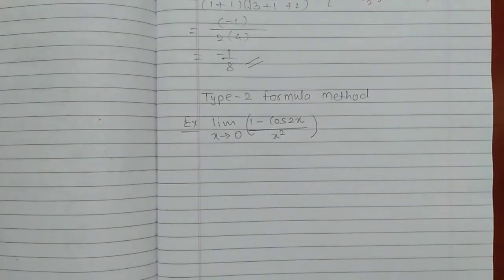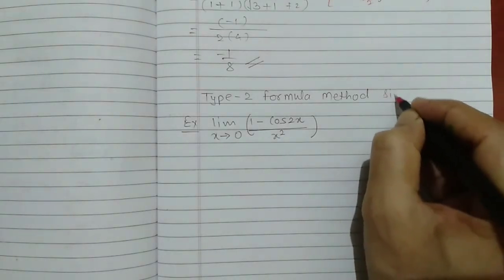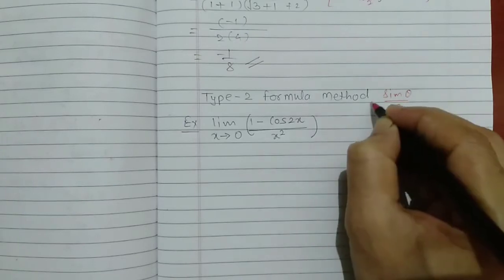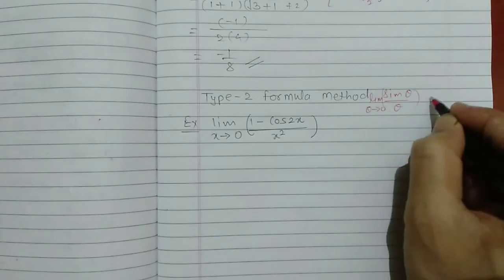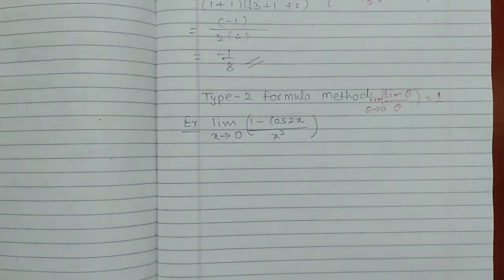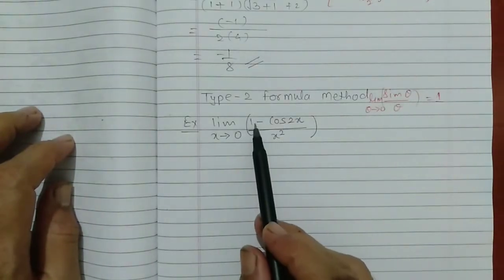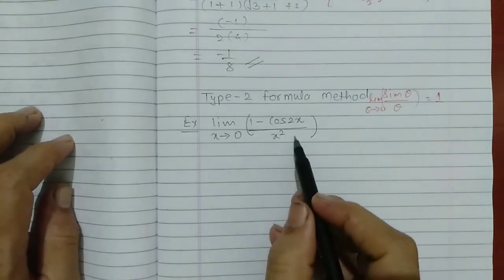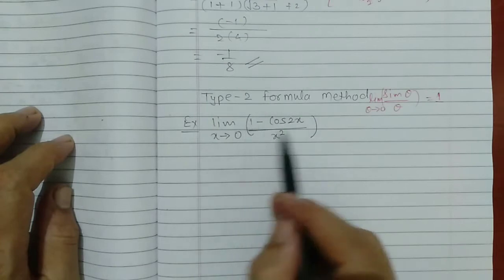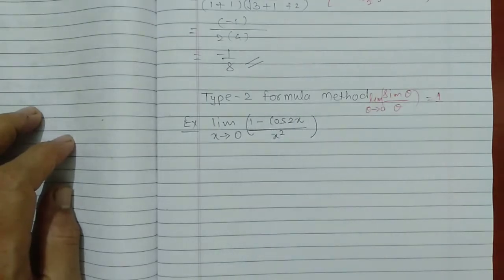So we are using the formula limit theta tends to 0 of sin theta by theta is equal to 1. Now this is the given problem: 1 minus cos theta divided by x square. So our first job is to convert this into sin theta.